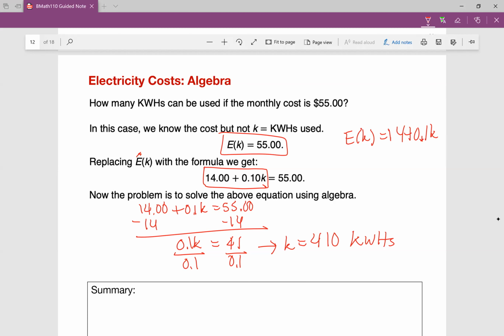So to summarize, I'll say if the monthly cost is $55, then 410 kilowatt hours can be used.